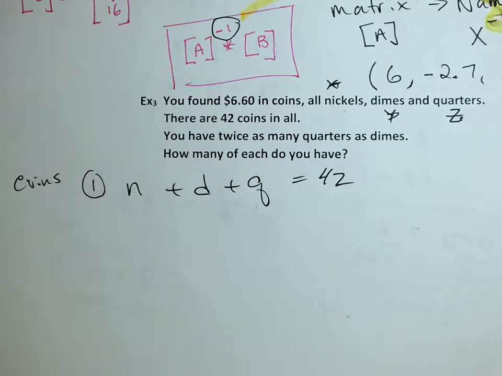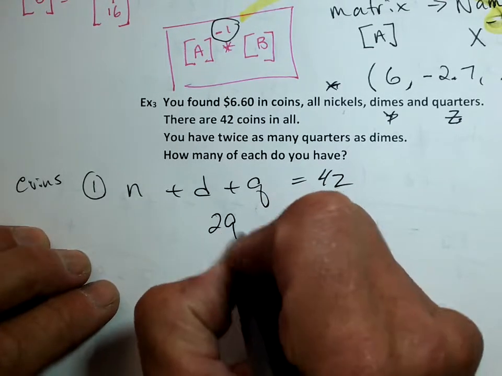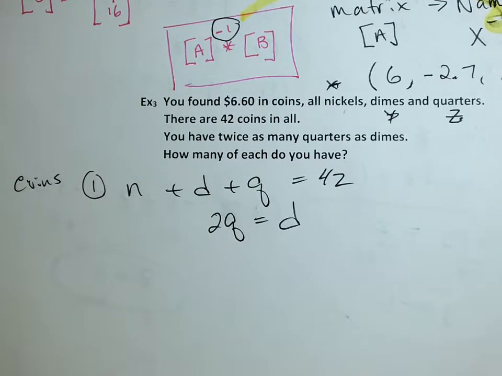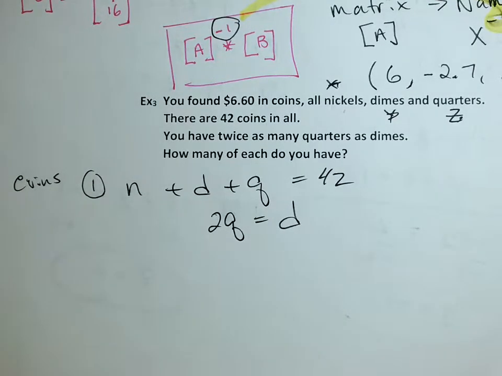Okay, now we need 3 equations, right? So you have twice as many quarters as dimes, okay? You have twice as many quarters as dimes. There's a second equation, okay? You have $6.60 in coins, nickels, dimes, quarters.